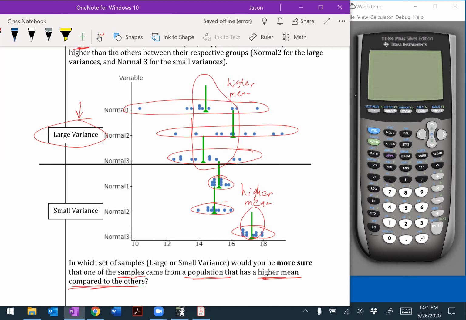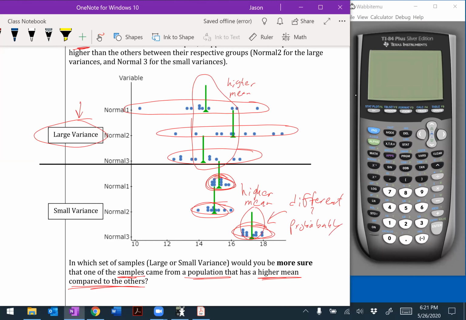But if the variances are much smaller, then I know that the data is much more exact or precise. And so over their data set, the variation is so much smaller that this one really could be different.